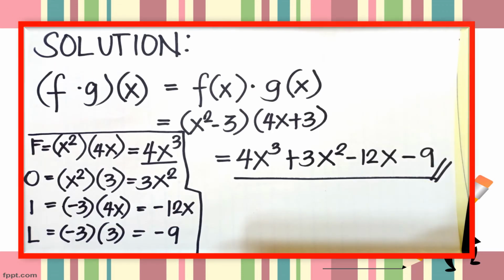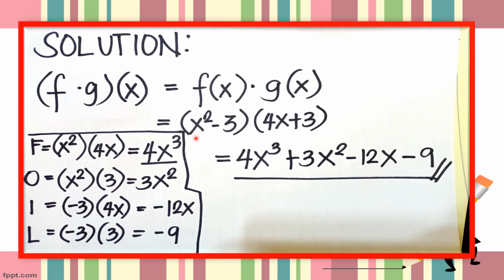Alright, so let us discuss the solution in the previous activity. So, what you have multiplied is a binomial by binomial. So, you are going to use the FOIL method, okay? So, starts with your first term, x squared times 4x. And then, your outer term, which is x squared times 3.